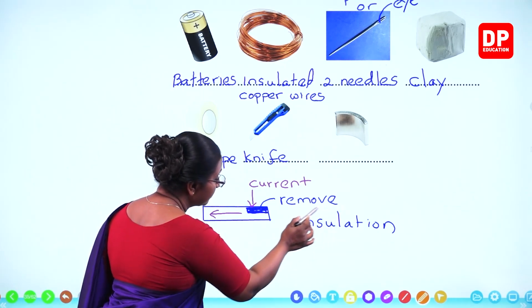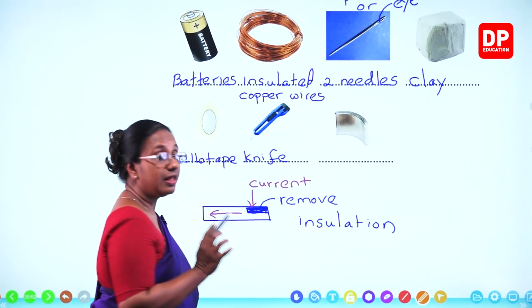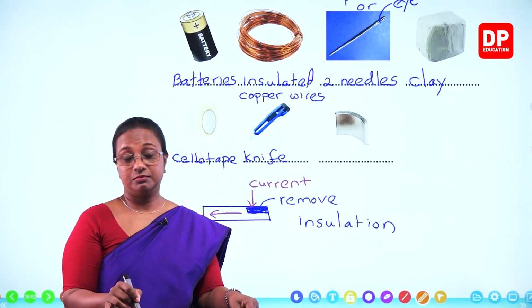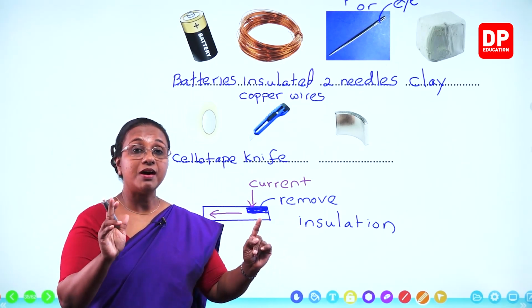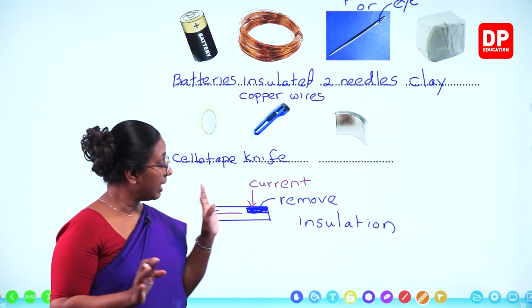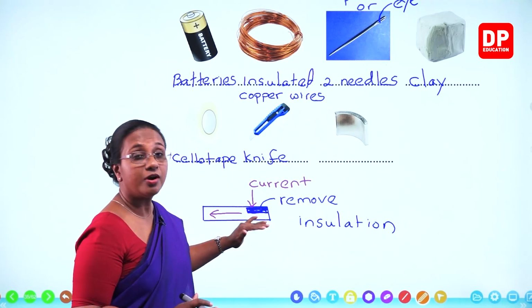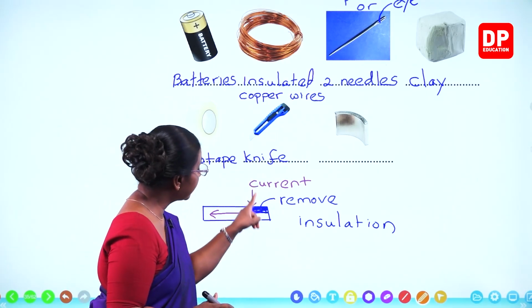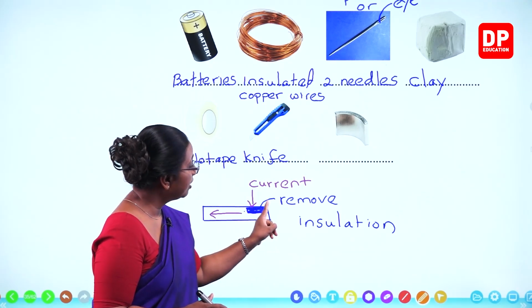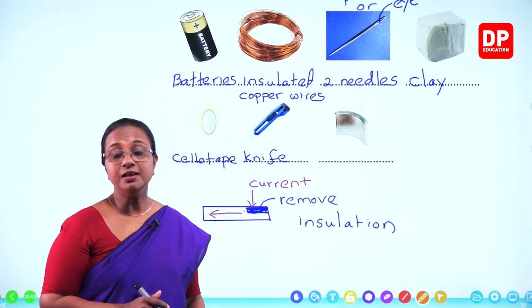Now, if we were passing current from this side, then no problem. If the conductor is connected to the batteries, say with crocodile clips or something, that's a different story. But here, we make this coil in such a way that the current will flow into the conductor only through this part where the insulation has been removed.